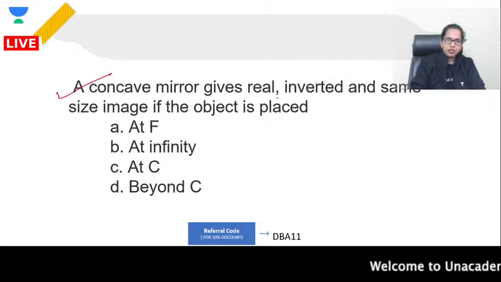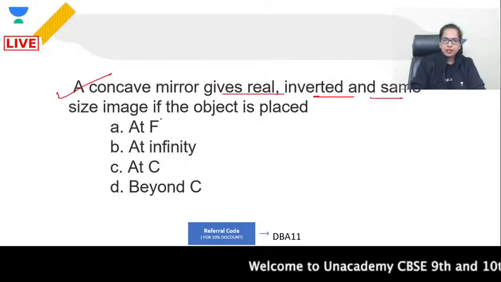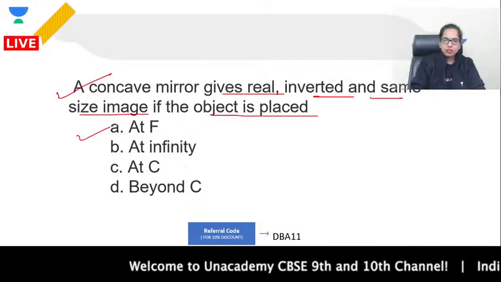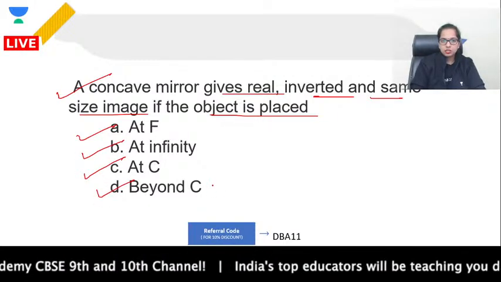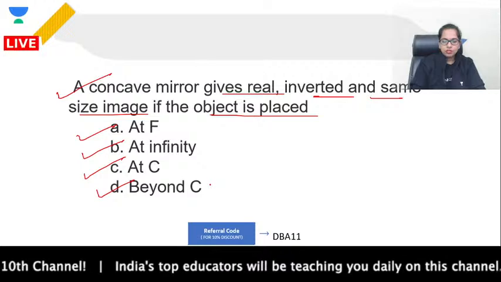A concave mirror gives a real, inverted and same size image if the object is placed at infinity, at F, at infinity, at C, or beyond C. Tell me quickly.